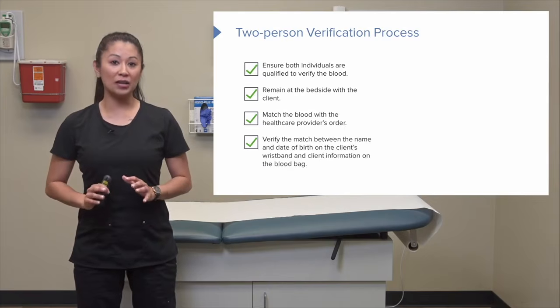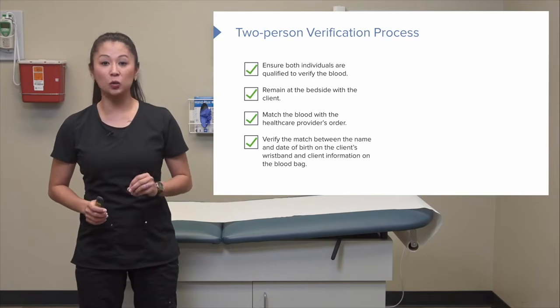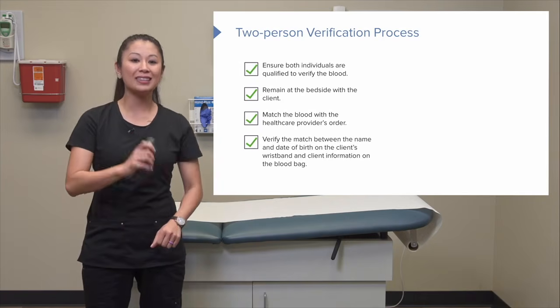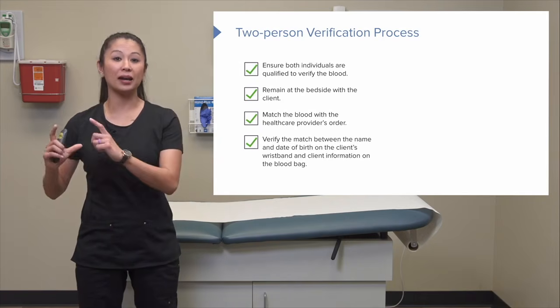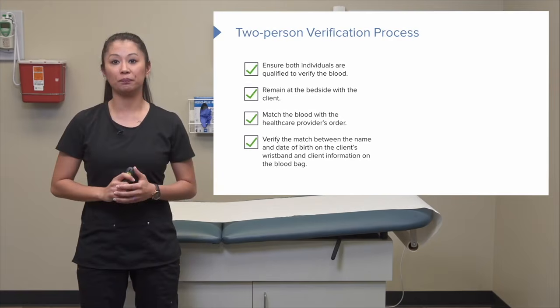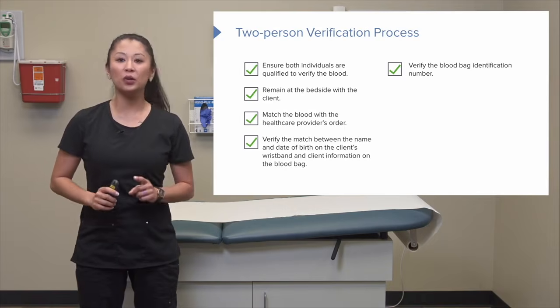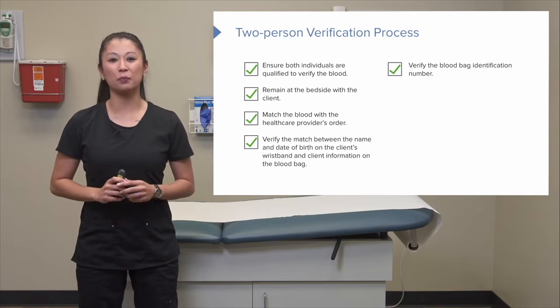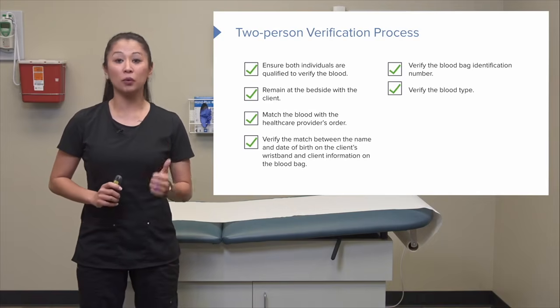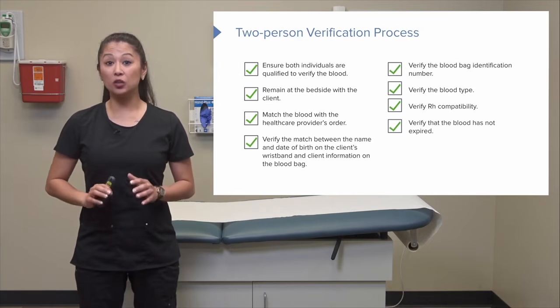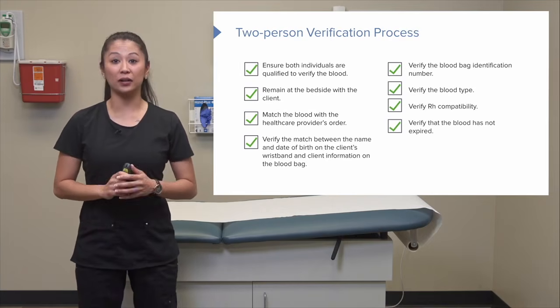Now, once we've done that, we're going to verify the match between the name and date of birth on the client's actual wristband to that information on the blood bag that we got from the blood bank. Now, when we're checking this process, there's a specific blood bag verification number we've got to check, the blood type and RH compatibility, and we've got to make sure that that blood has not expired.